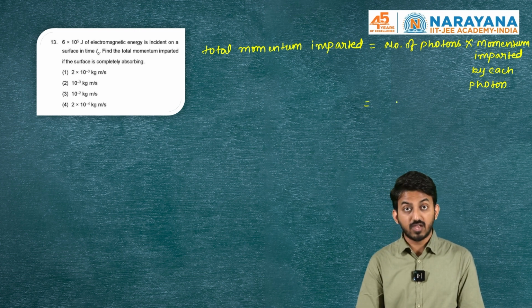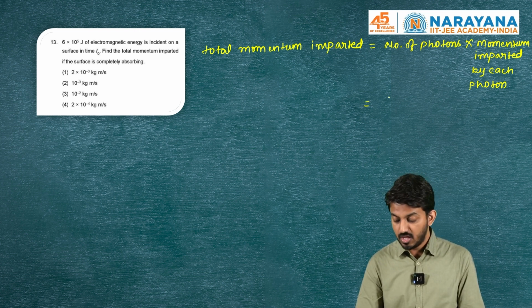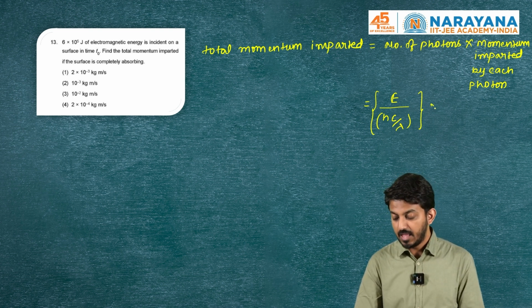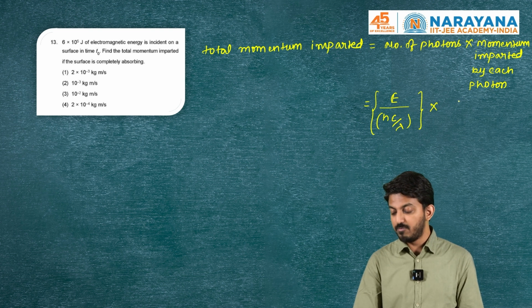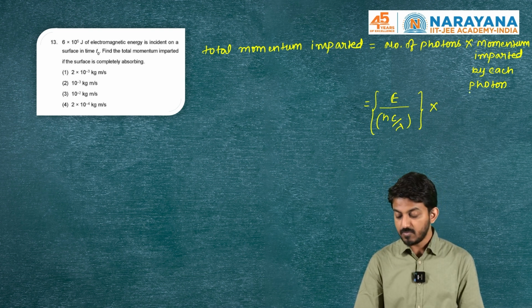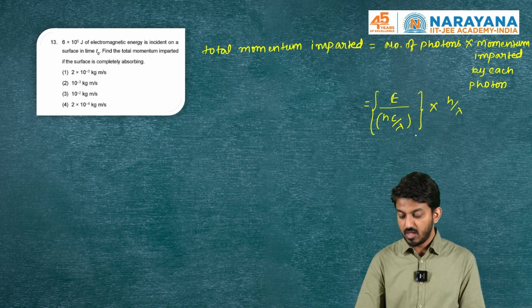Now, the number of photons we can find by the energy: total energy E divided by energy per photon, which is hc by lambda. This term gives us the number of photons. Total energy falling divided by energy per photon, multiplied by the momentum imparted by each photon, because the collision here is said to be completely absorbing. So momentum imparted is h over lambda.